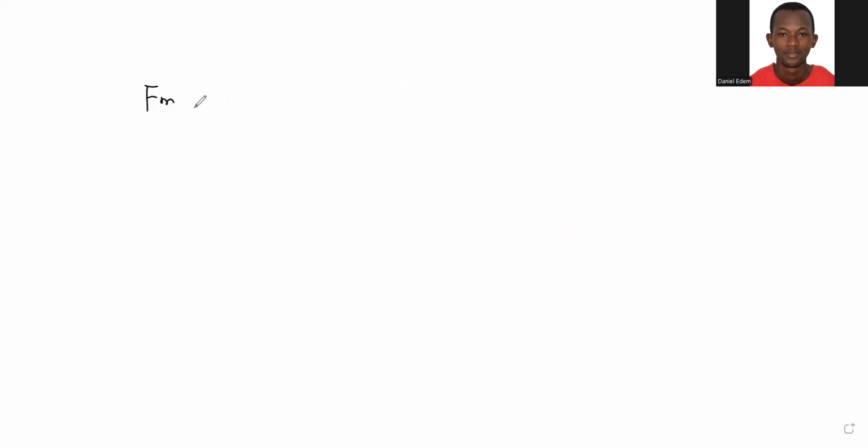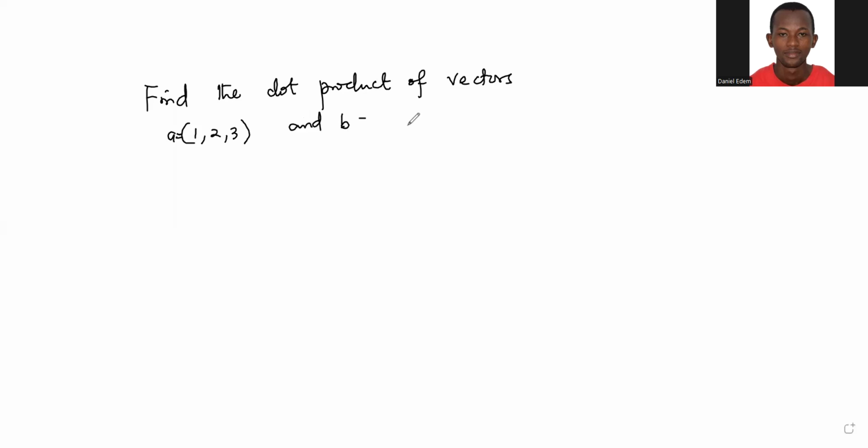Find the dot product of vectors A to be 1, 2, 3, and B to be 4, 5, 6.